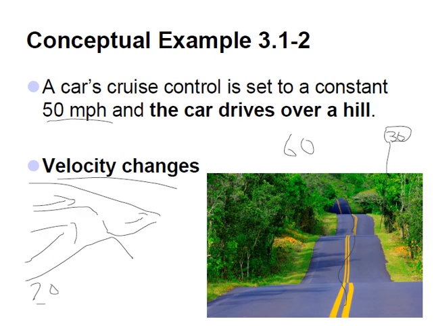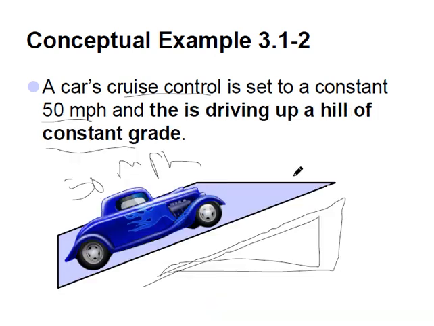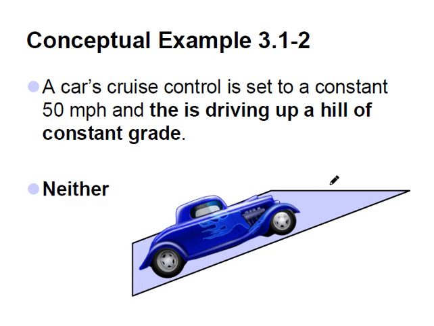The constant graded hill is not like this; it's just going straight up like that. So if you keep the fixed constant velocity, it's going to make it easier for you to overcome that hill. Therefore velocity is not changing.